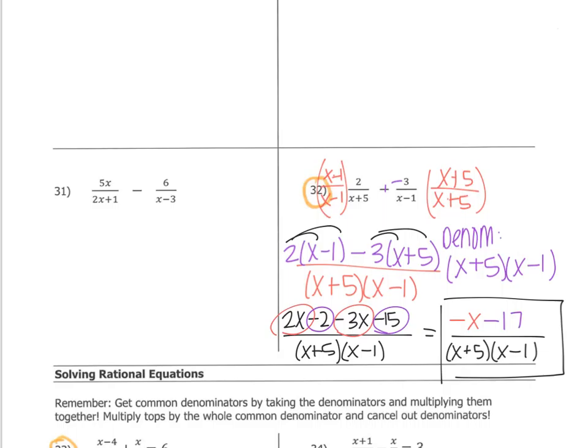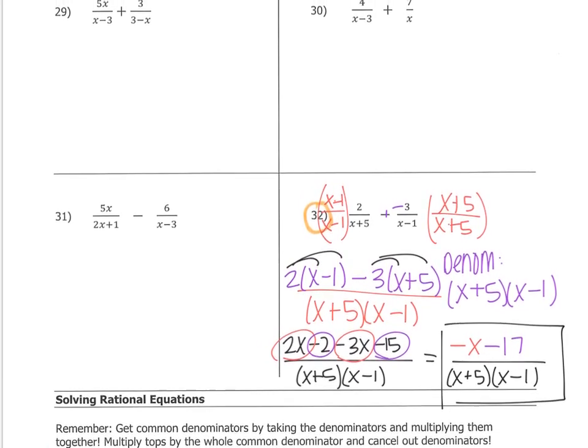Final answer, if you need more time, just pause it. Final answer should be negative x minus 17 over x plus 5 times x minus 1.